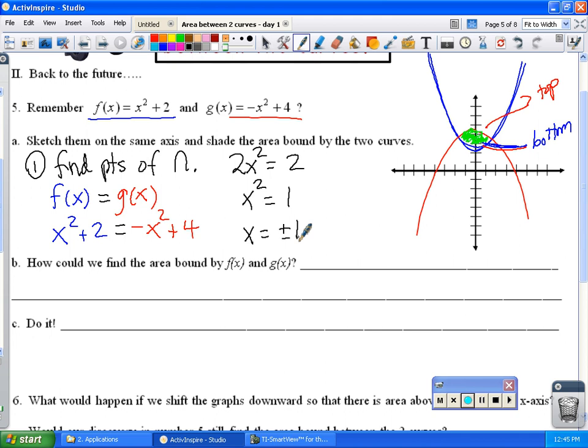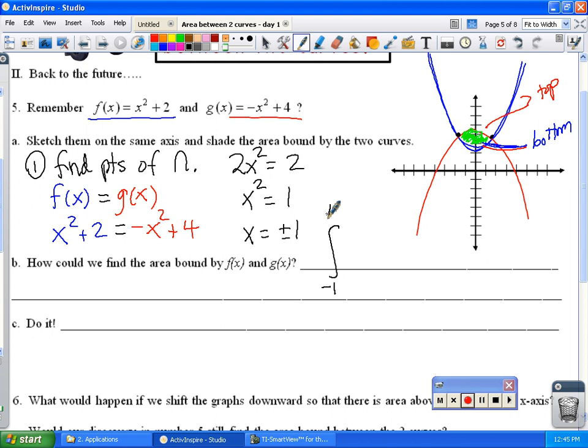So we now know that these two curves, the point of intersection, here's x equal to negative 1, here's x equal to positive 1. So I know that I want to start my area collection, because I'm still going to write a definite integral. My area collection is going to start at the first point of intersection, which is x equal to negative 1. It's going to stop at the second point of intersection, which is positive 1.